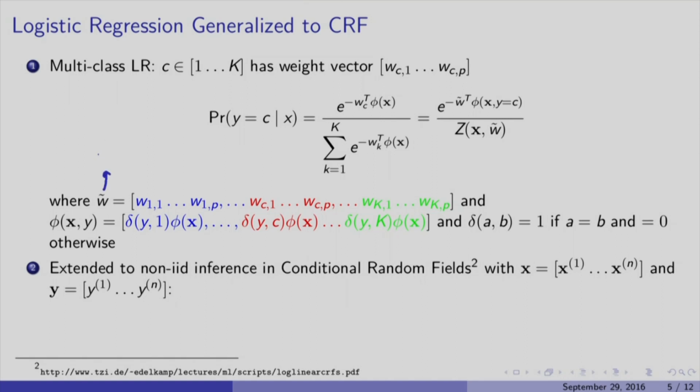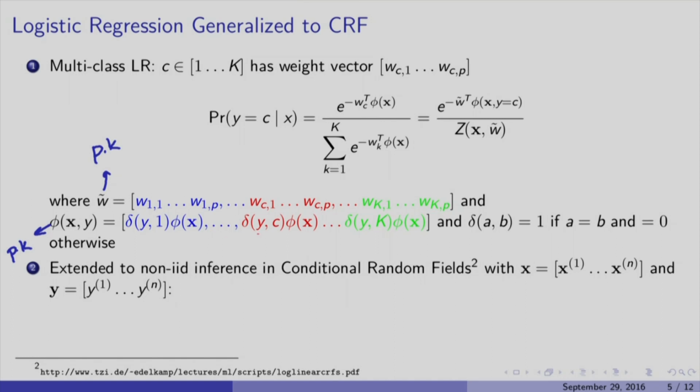So, w tilde will be a p into k dimensional vector, phi should also be of the same dimension. What will the components of phi look like? Well, it will be phi x repeated one after another, but only that phi x will be instantiated which corresponds to the class that y is.